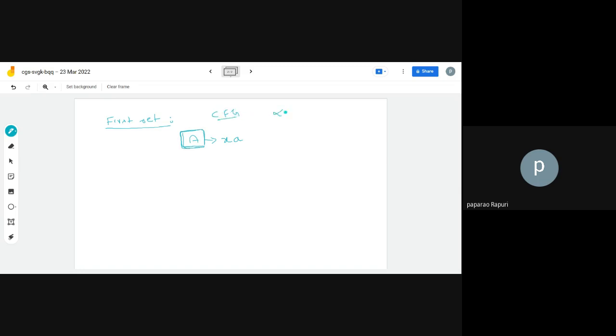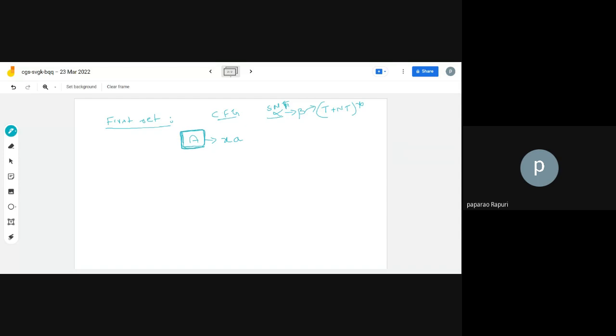The context-free grammar format is alpha derives beta, where alpha is a single non-terminal, and beta is any combination of terminals and non-terminals. So it is clear that only a single non-terminal will exist on the left hand side in a context-free grammar.